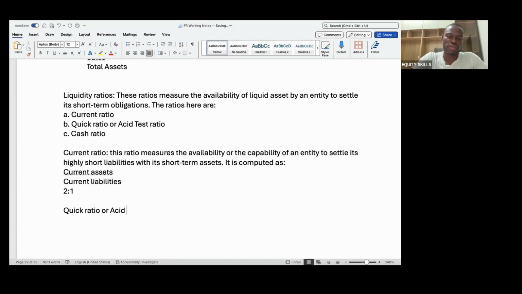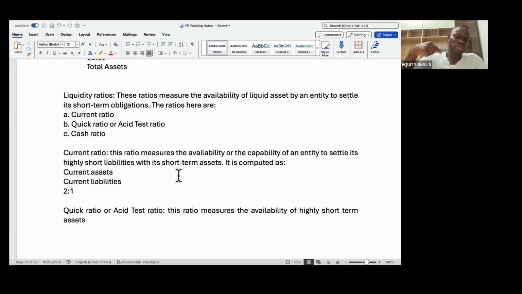or acid test ratio. This ratio measures the same thing as current ratio, just that it is a better measure. It is a better measure in the sense that this ratio measures the availability of highly short-term assets. So acid test ratio is looking at even more short-term assets than that of current ratio.